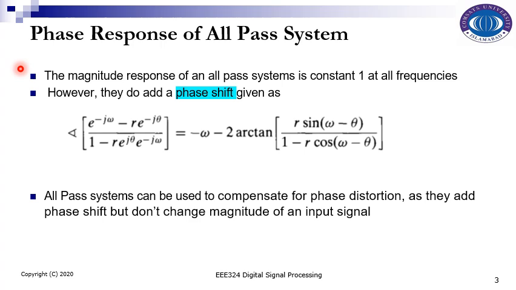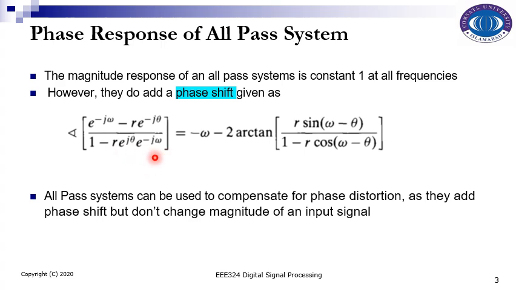We saw that the magnitude response of an all-pass system was a constant 1 for all frequencies, and it allowed all frequencies to pass as they are, but there is a phase shift added, and the expression for the phase shift is given over here: minus omega minus 2 arctan of r sine of omega minus theta over 1 minus r cos of omega minus theta.